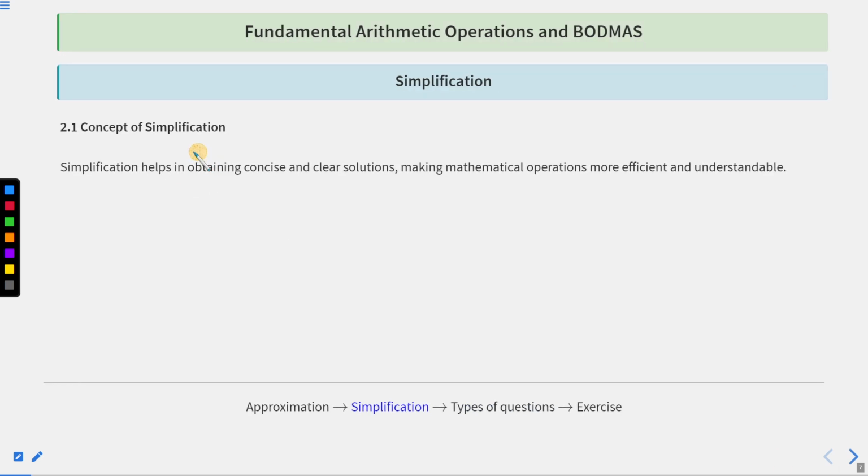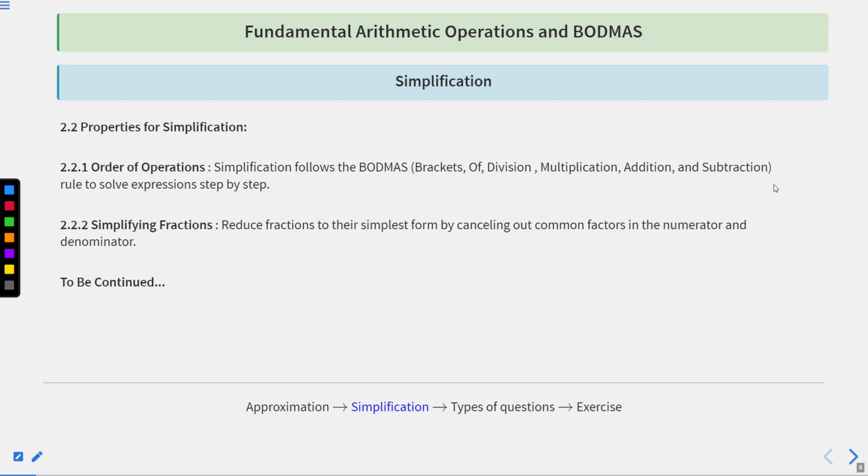Concept of simplification. Simplification helps in obtaining concise and clear solutions, making mathematical operations more efficient and understandable. So what are the properties of simplification? The very first property is order of operations.